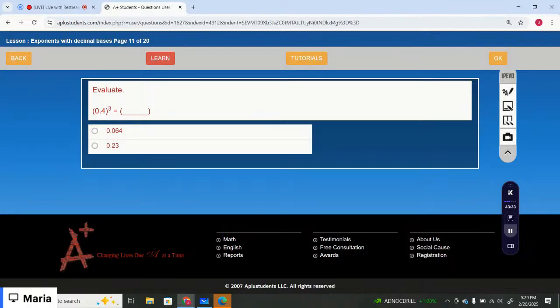0.4 cube, so which is the correct option? That is 0.064.